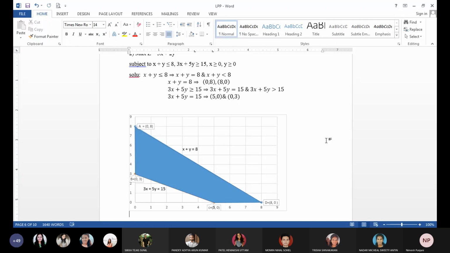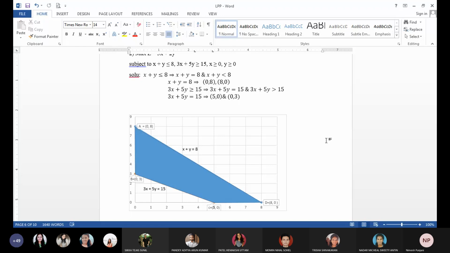Here in fact both the lines are blue lines, but एक line जो नीचे है, that is 3x plus 5y equals 15. जो line ऊपर है, that is x plus y equals 8. x plus y is less than 8, जो रीजन का कंडीशन है.